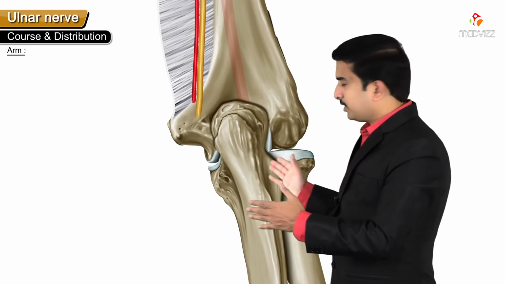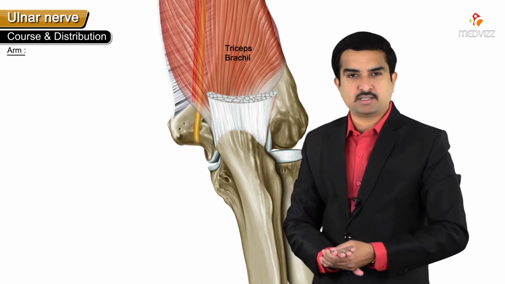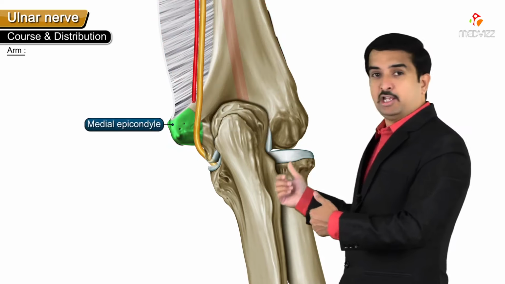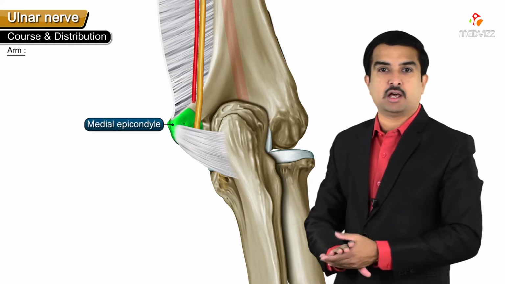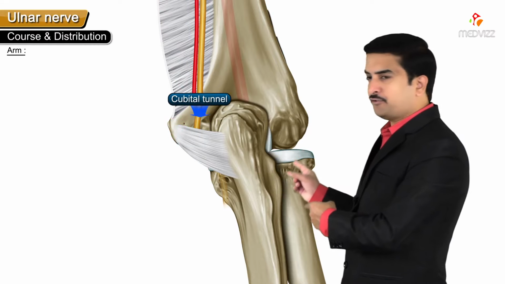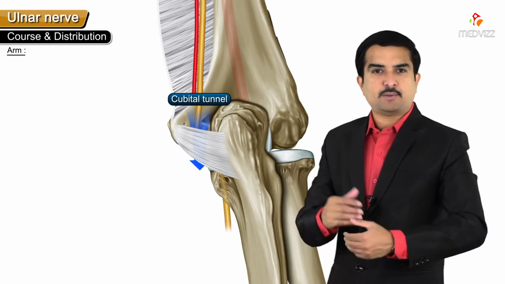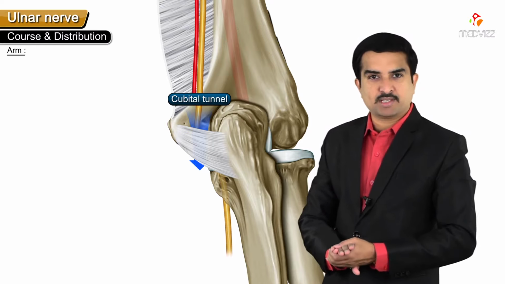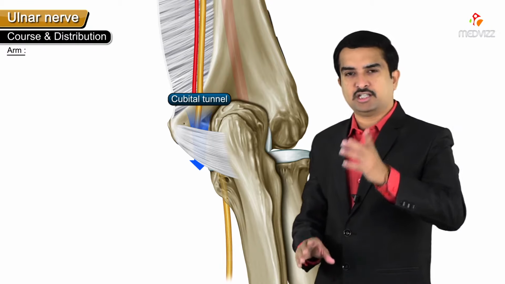Further on, it runs between the medial head of the triceps brachii muscle and passes posterior to the medial epicondyle of the humerus in the superficial condylar groove, which is often referred to as the cubital tunnel, which means from the posterior aspect of the medial epicondyle of the humerus, the nerve enters into the cubital tunnel.